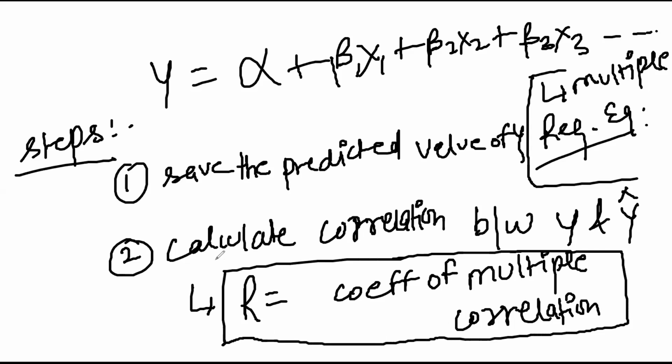So what is the first step? Save the predicted value of y. Y means your dependent variable, and then we calculate the correlation between actual y and predicted y.